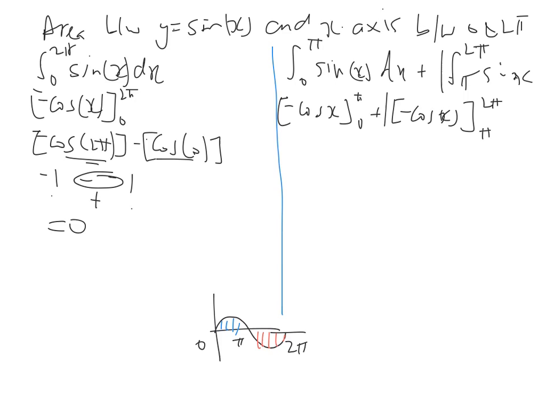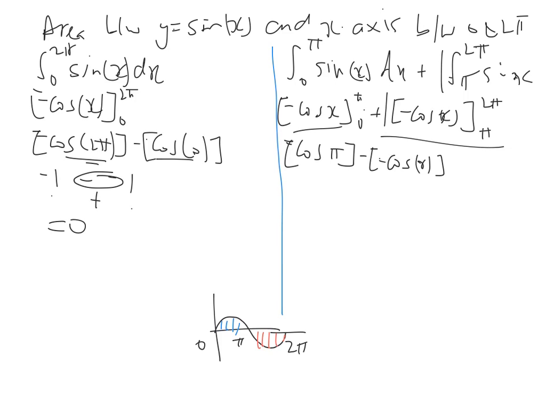So from here, we're going to substitute pi in. So we're going to have negative cos of pi minus negative cos of 0. And then we're going to add the other part later on. So we'll just worry about the first part there.